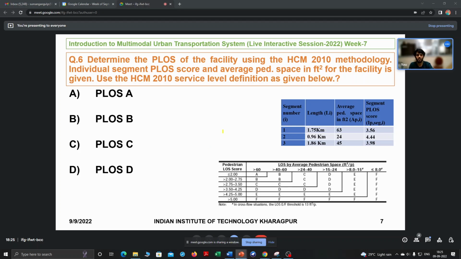Nothing else. So let me also calculate. Suppose for the segment, the length is given as 1.75 kilometers, right? So first maybe I will try to calculate the average pedestrian space, which is given in square feet. So length is given in kilometers.